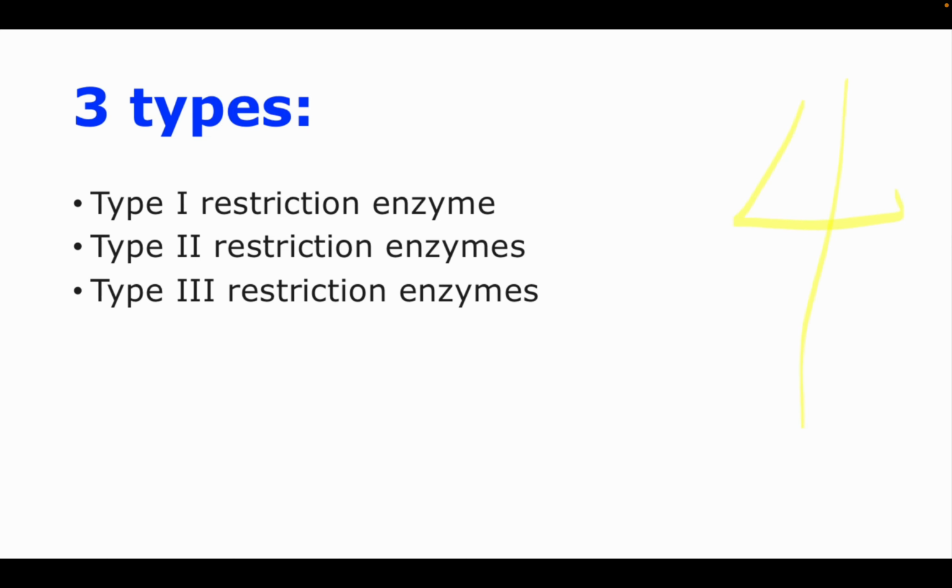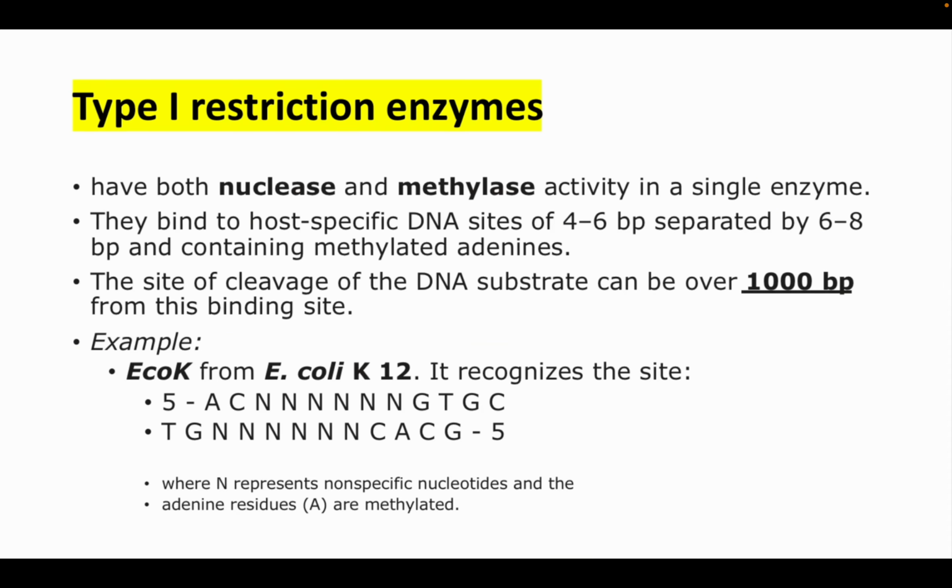Next one, we have different types of restriction enzymes. Actually, you have four, but for the sake of this discussion, we will only differentiate three. For type 1 restriction enzymes, they have not only methylase activity, but also nuclease activity in one single enzyme. They bind to host-specific DNA sites of 4 to 6 base pairs separated by 6 to 8 base pairs and containing methylated adenine.